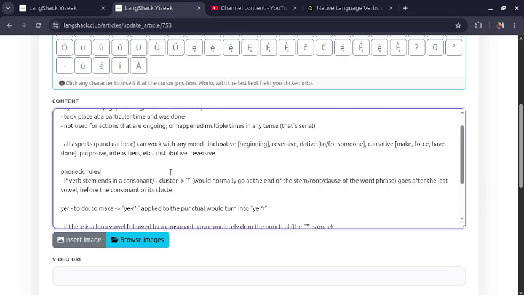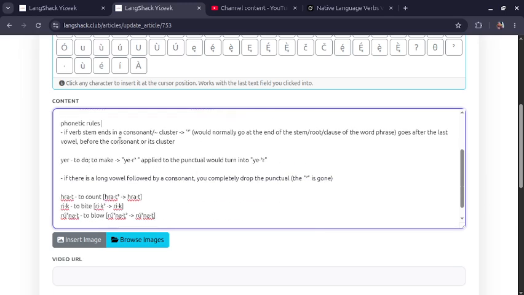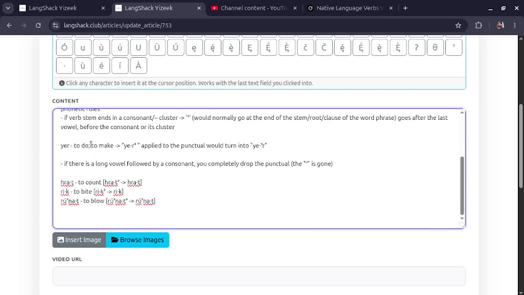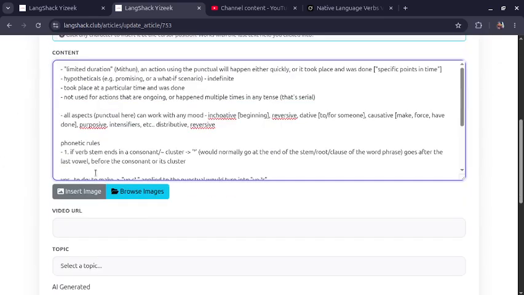Call this phonetic rules. And so these are rule number 1 and rule number 2. So we have 2 examples here of the punctual tense being used.